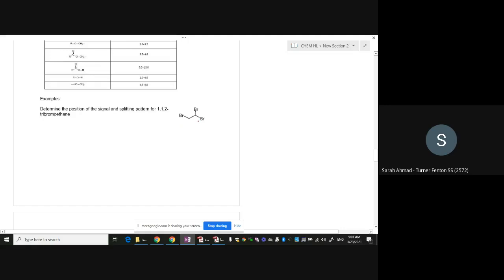I want you to identify the number of hydrogen environments. I want you to identify the position of the signal, and then I want you to split it. Okay? So we're all going to work together on this one first, and then slowly I'm going to stop holding your hand, and you're going to go solo. Okay? So let's draw this.